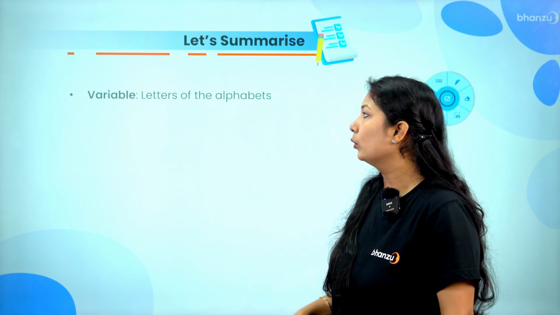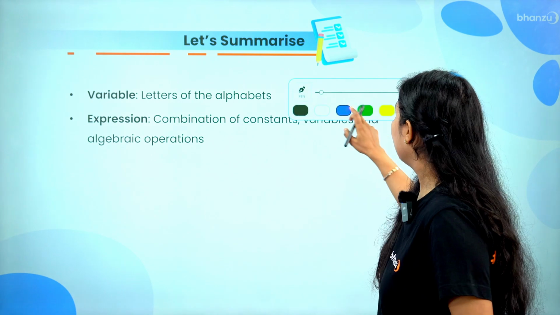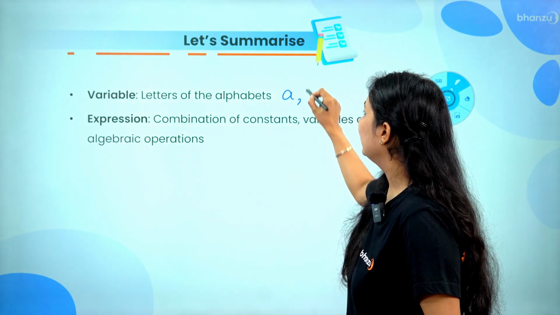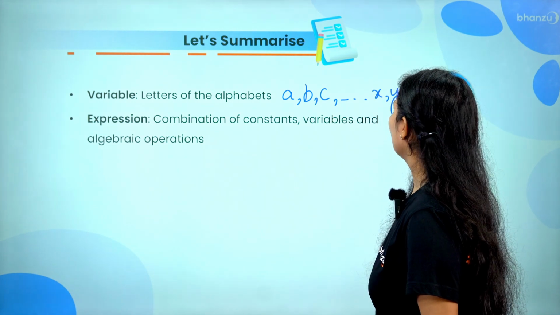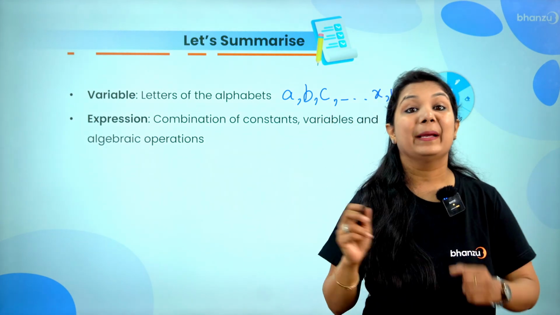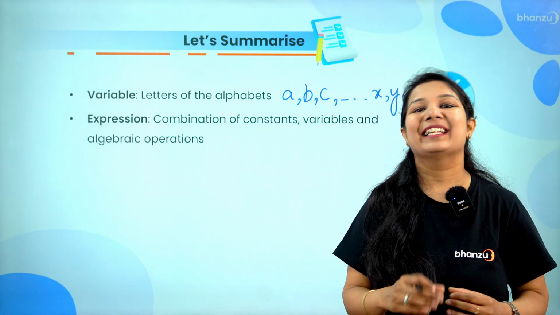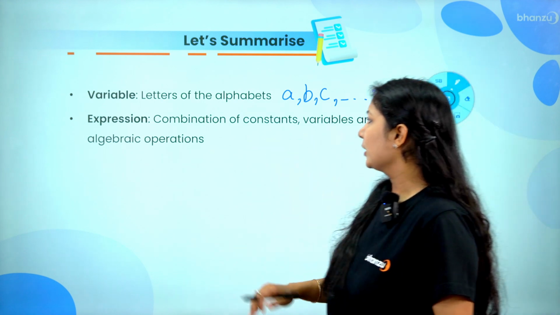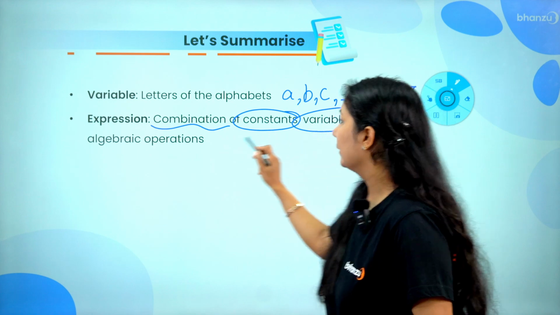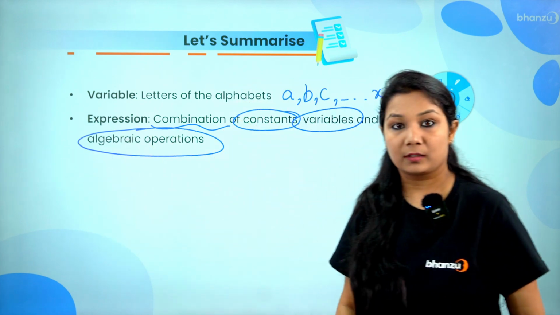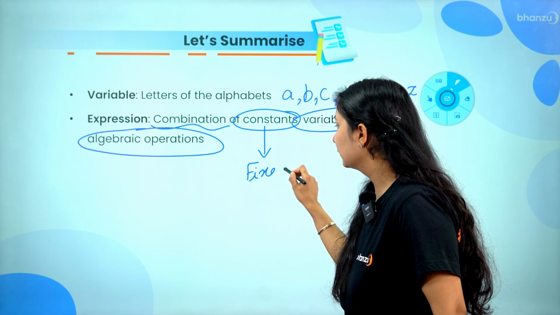We talked about variables, which are the different letters of the alphabet, like A, B, C, till X, Y, Z. So out of all the 26 alphabets, we can take up any variable. If it's mentioned in the question, well and good. If not, then we can assume any of them. What are expressions? Expressions are a combination of constants, variables and algebraic operations, right? What are constants? Fixed values of numbers.